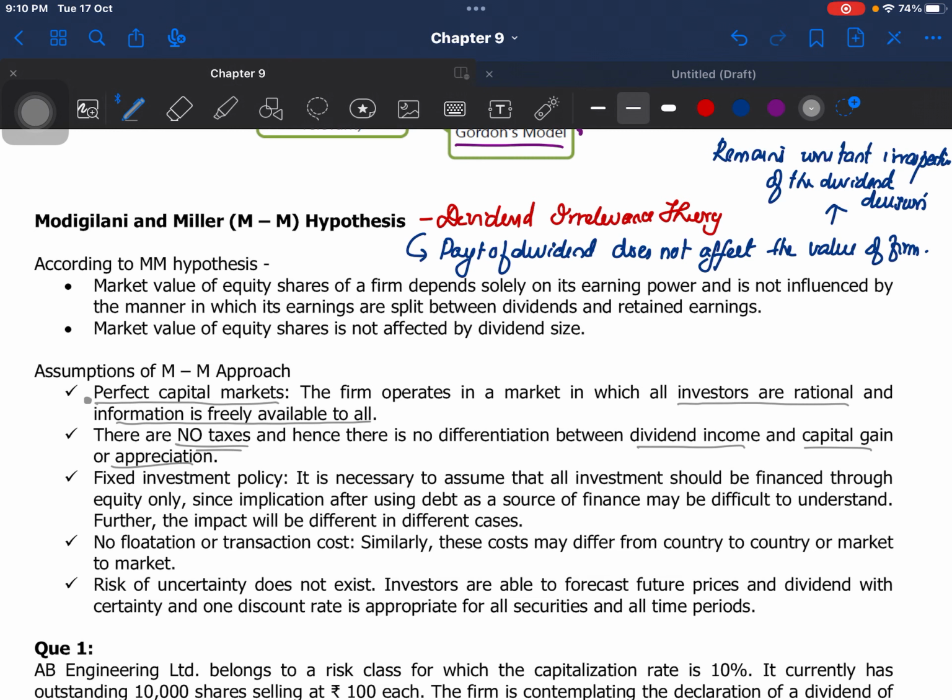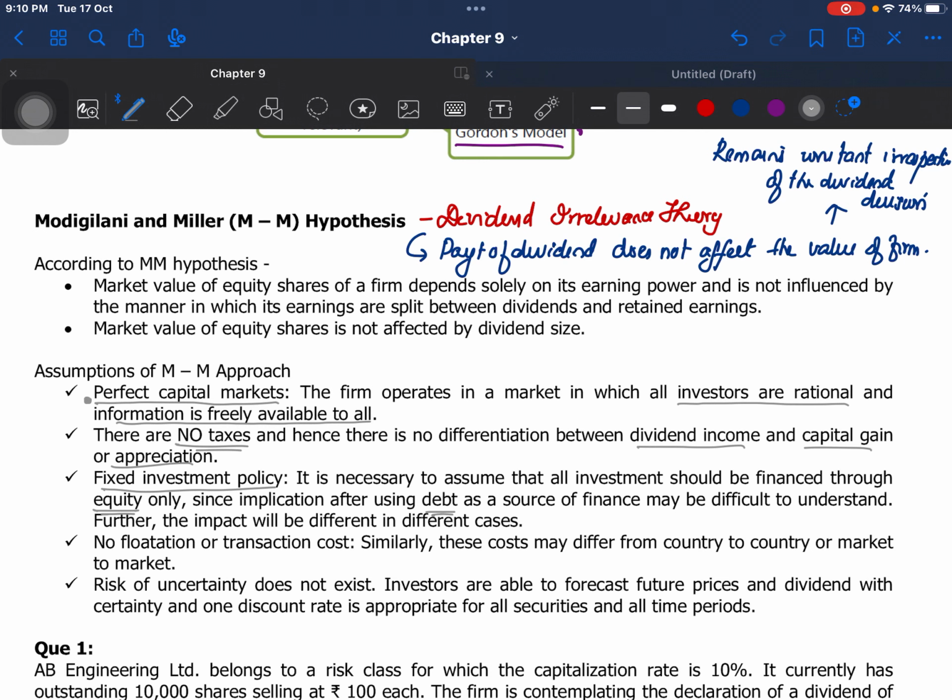The third is fixed investment policy. What does it mean? It means that the entire investment the entity proposes to make is financed only through equity, and there is no debt.